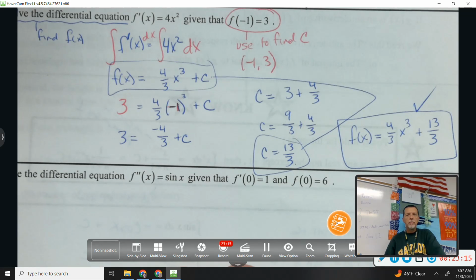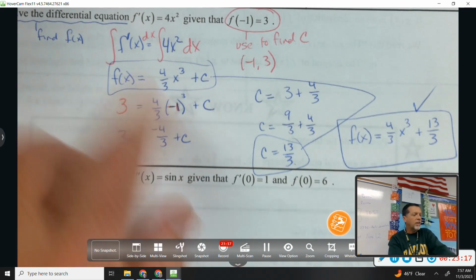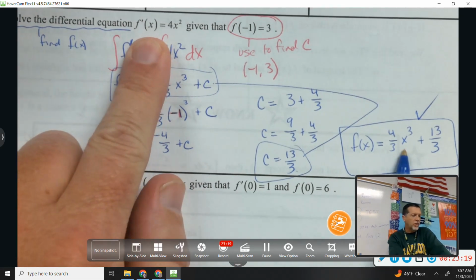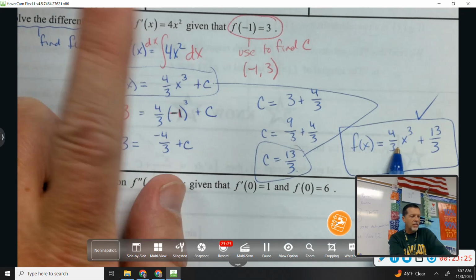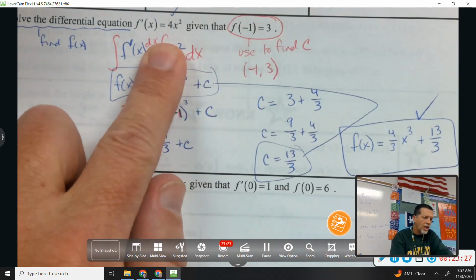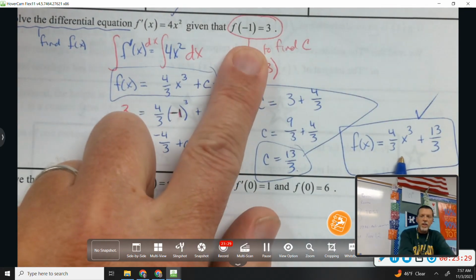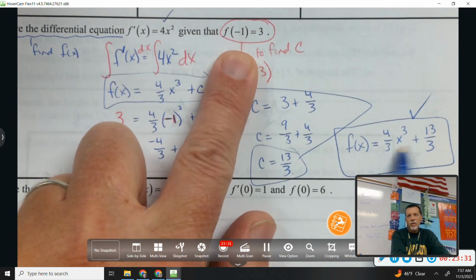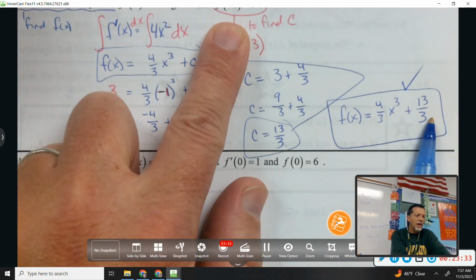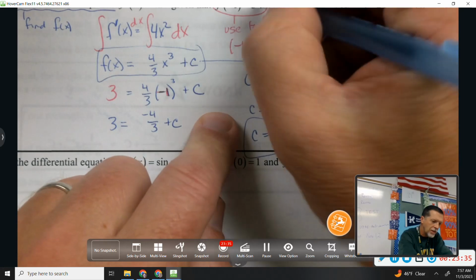I had to check two things. I had to check that this was true, so I took a derivative, and I got 3 times 1/3 goes away, 4x squared. So that's good. And then if I plug in -1, I'm supposed to get 3. So -4/3 plus 13/3 would be 9/3. So that one's true as well.